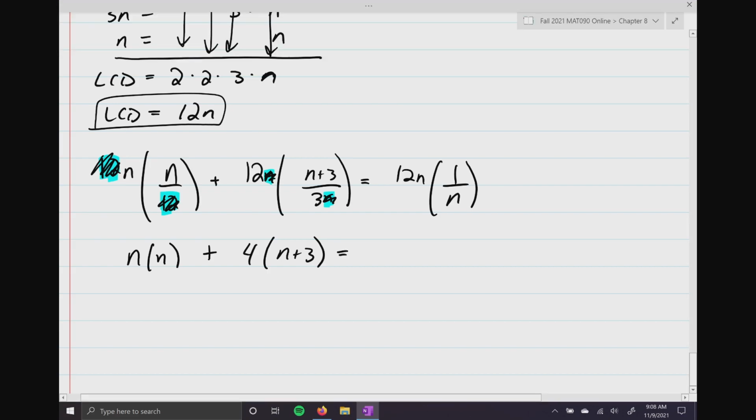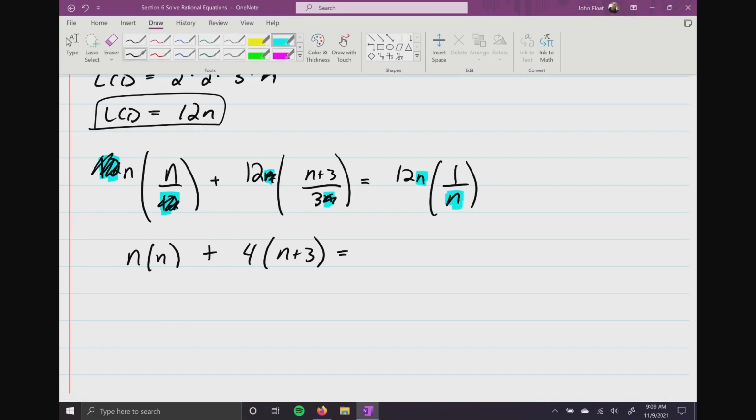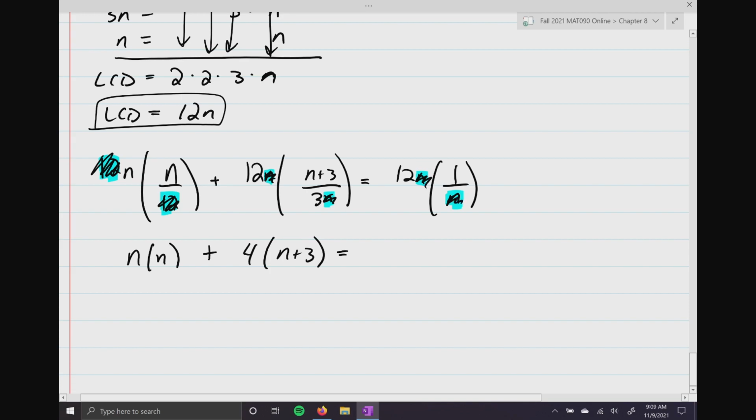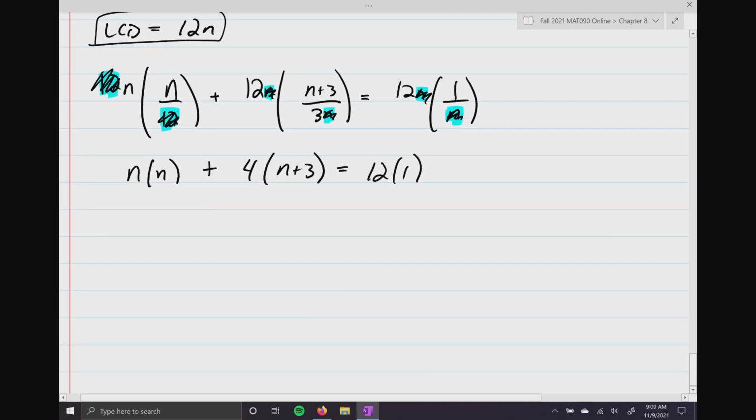All right, so I got an n in the numerator, n in my denominator. So they're going to reduce. So I'm left over with 12 times 1. Now, I'm going to clean this up. n times n is n to the second power plus 4n plus 12 equals 12.